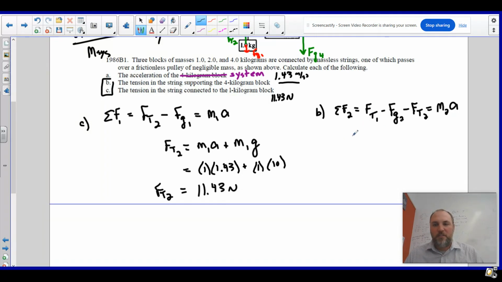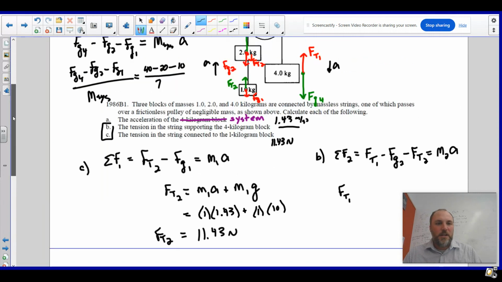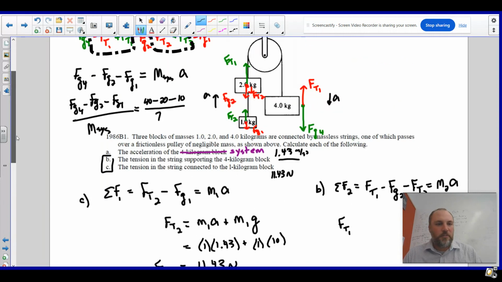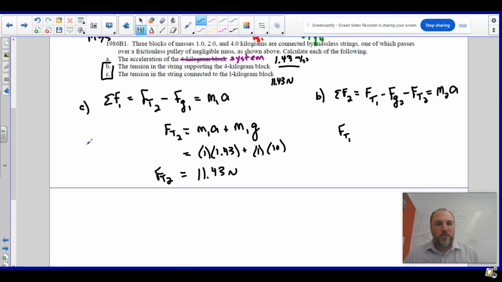If I want Ft1, this is why I chose to do the 2 kilogram free body diagram. I just add everything else to the other side, and I don't have a negative in front like I would have if I tried to solve the 4 kilogram. Not a problem, you could do that if you want. But this would be equal to m2a plus the weight of 2 plus tension in string 2.